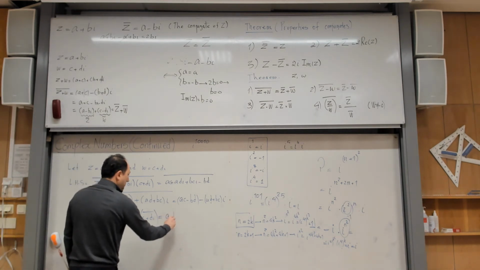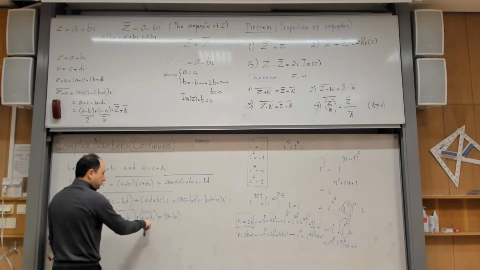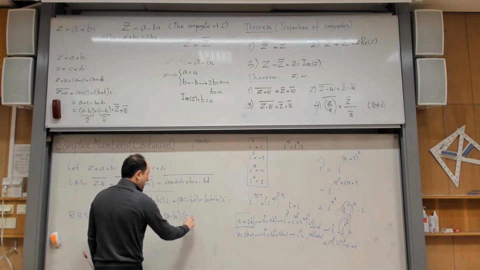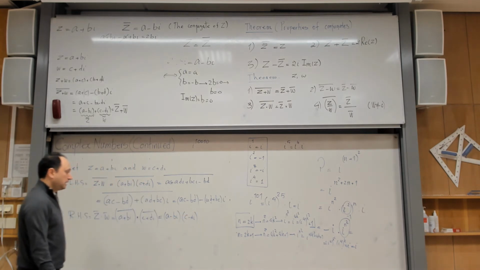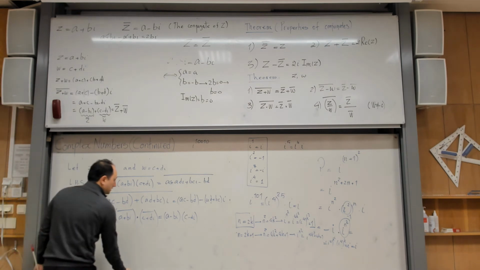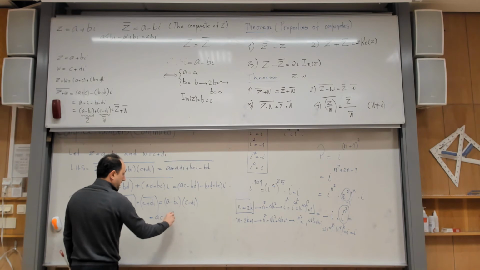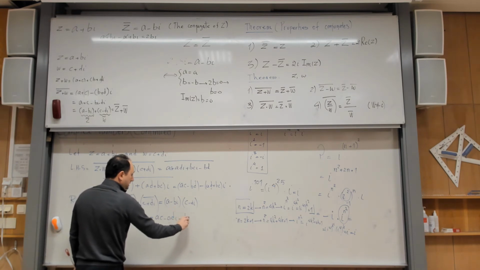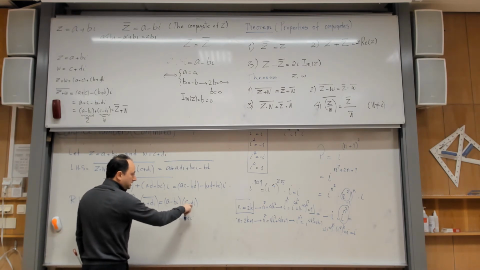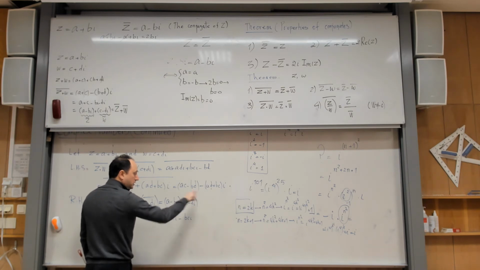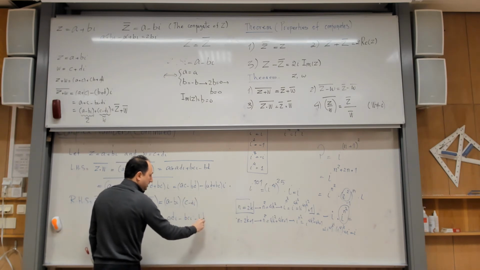Is A minus BI. And C plus DI bar is C minus DI. And then I start multiplying it again. So this becomes AC minus ADI minus BCI positive BD I squared. But I squared is -1, so it becomes again negative.